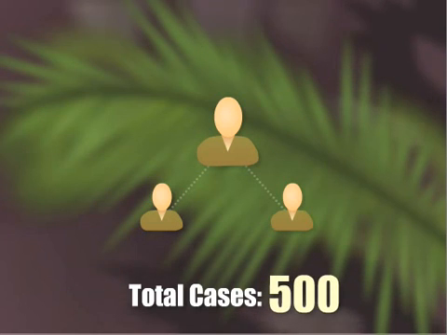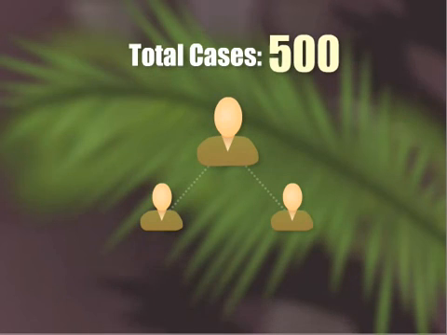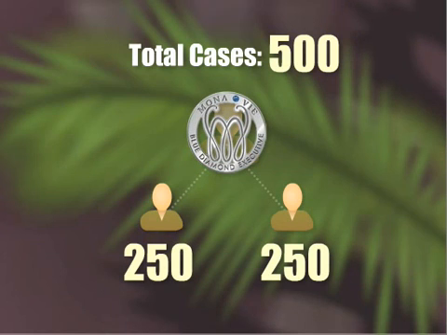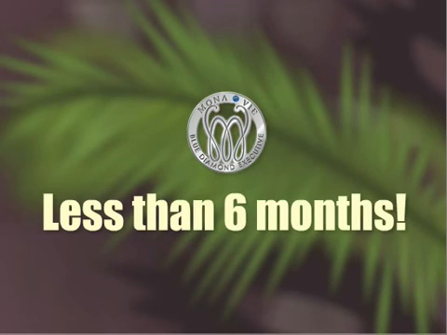Again, each person bringing in only one person on one case. You now have 500 cases of volume. That's 250 cases in each leg, and that is blue diamond. And that's only in a little over 2 months' time on a minimum amount of product. Even if it took you 2 to 3 times as long, you could still achieve blue diamond in less than 6 months.